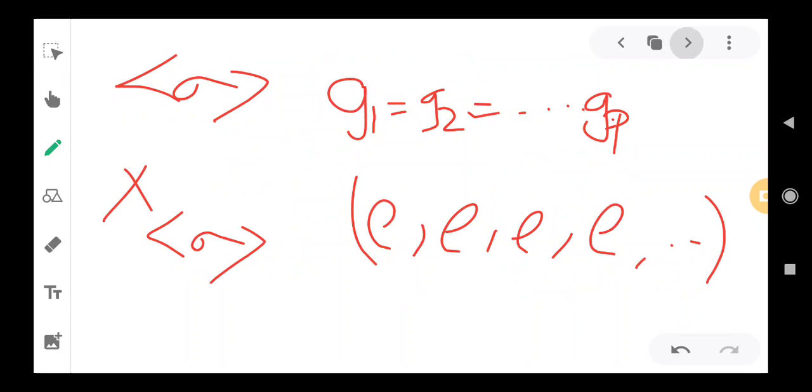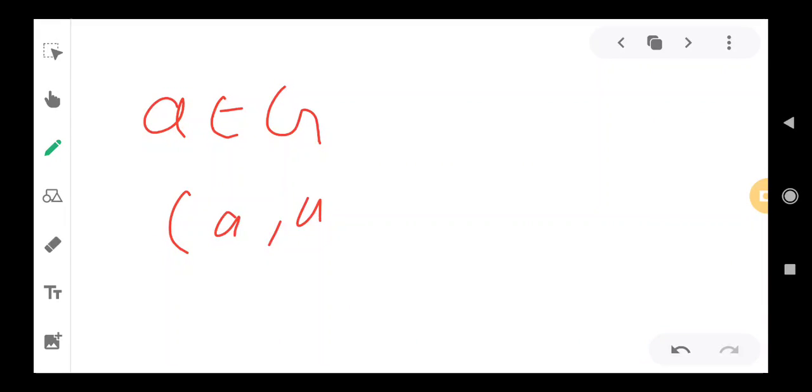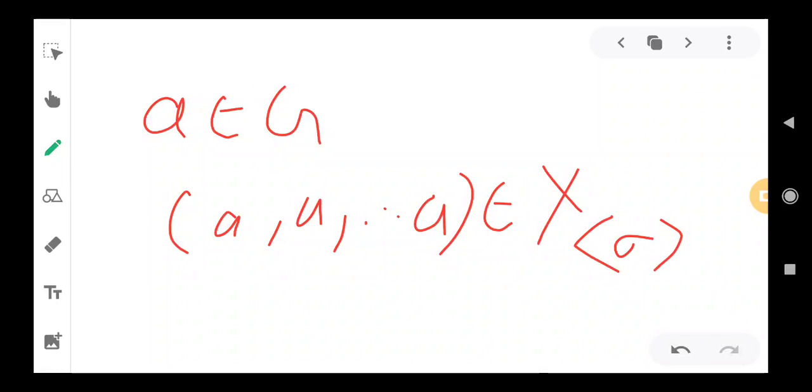We only know one element, e, in X_<sigma>. Since p divides the cardinality of X_<sigma>, there must exist an element a in G such that (a, etc., a) is an element of X_<sigma>. That is, when we apply sigma, it fixes it.